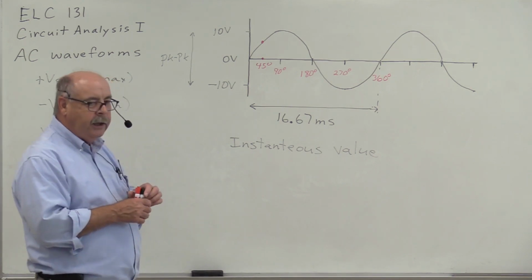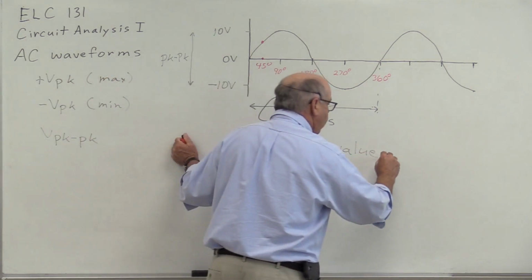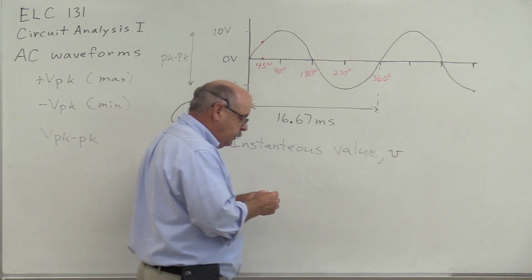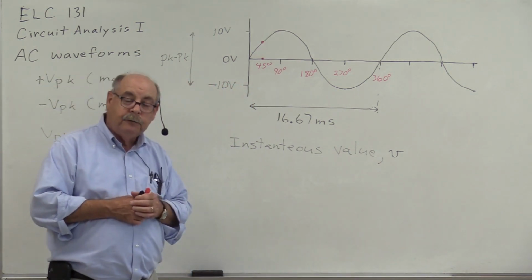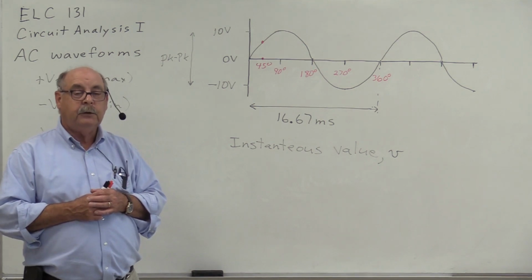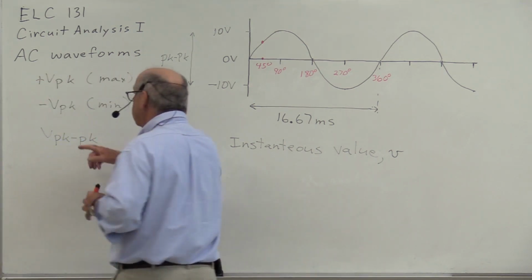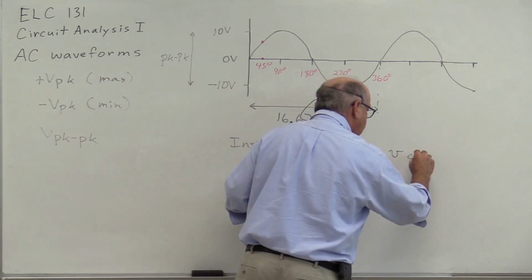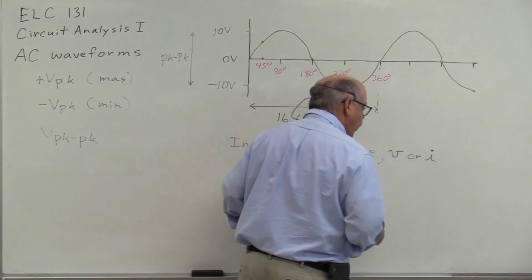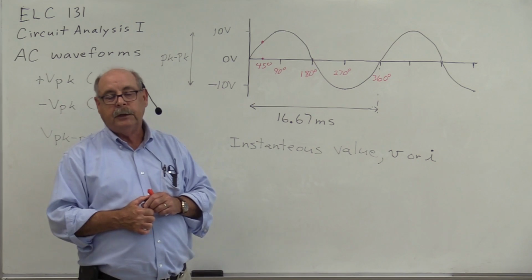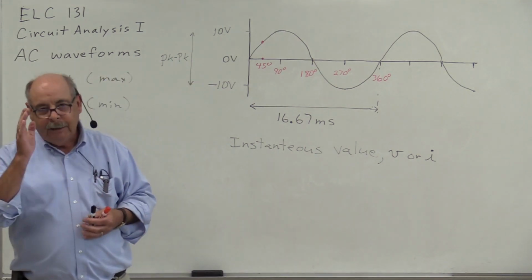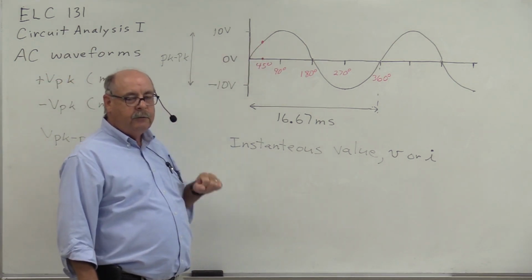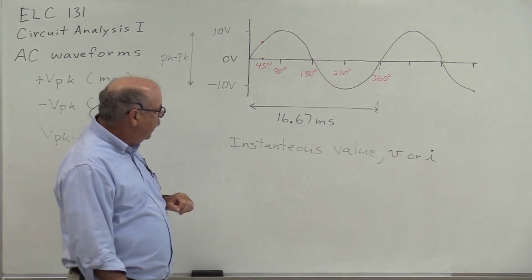So for the instantaneous voltage value, we will always use a lowercase v that I will always draw or write as a cursive letter so that we don't confuse it with the capital V. And if we're talking about current, then we will always use a lowercase cursive i to represent a value of current at an instant in time, at a snapshot in time, at a point in time of a continuously varying value.